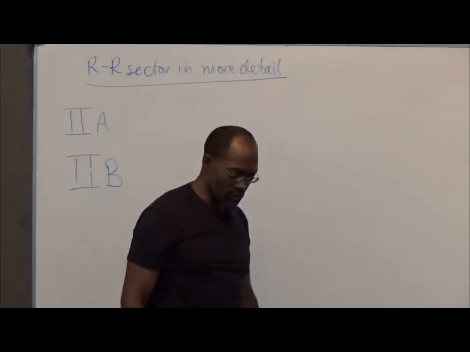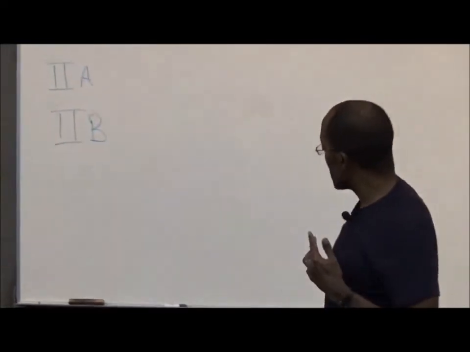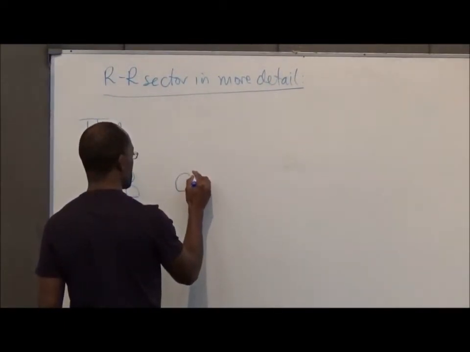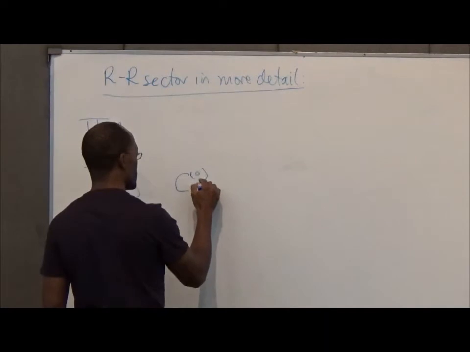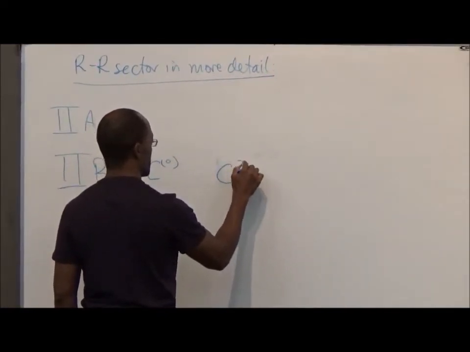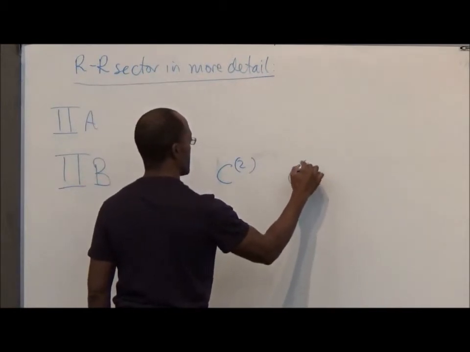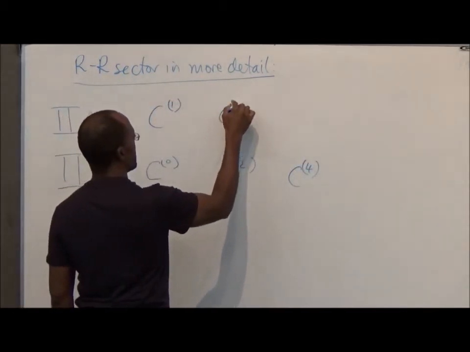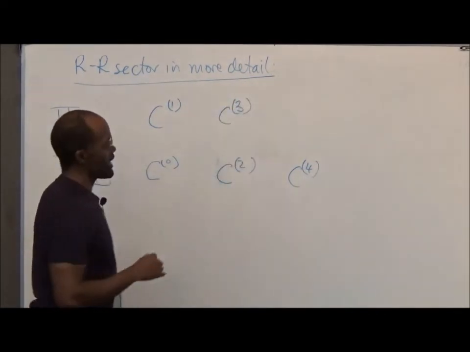So what did we first discover? We had the even C's in type 2B, and then we had the odd C's in type 2A.